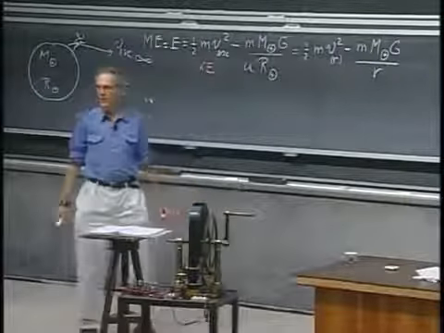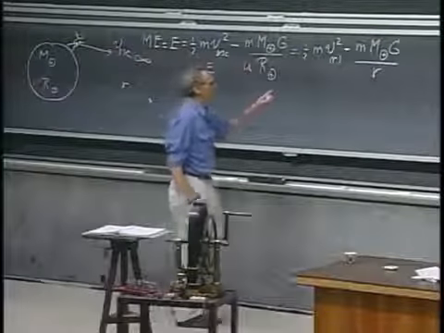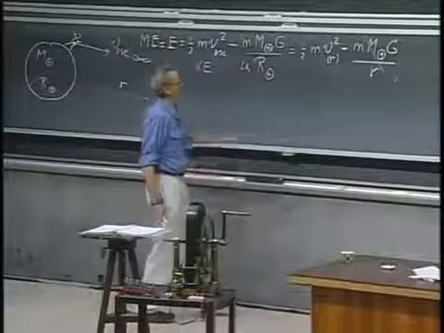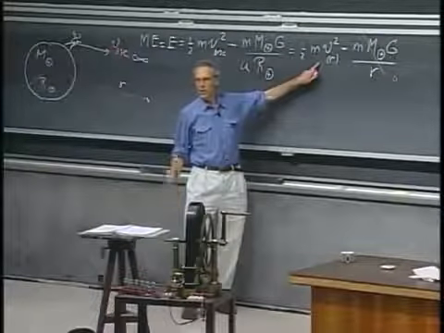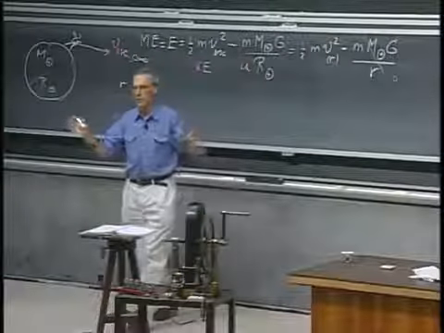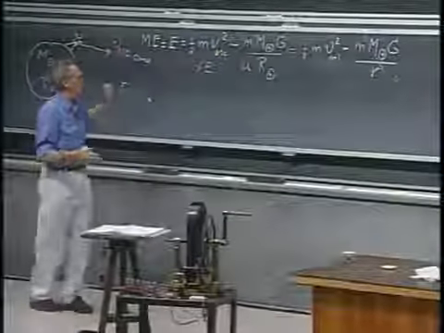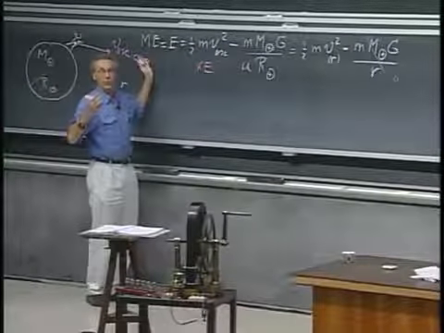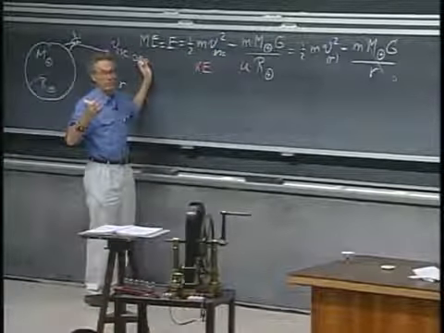And so at infinity, when you get there, little r is infinity, this is zero, potential energy at infinity is zero, and if I get you at infinity with zero kinetic energy, then this term is also zero. And that's the minimum amount of energy that I would require to get you to infinity and to have you escape the gravitational pull of the Earth.